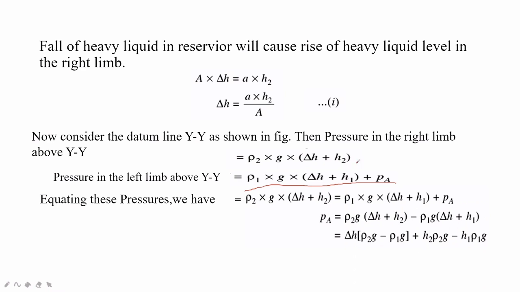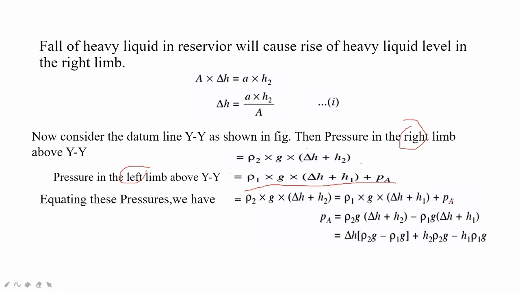This is due to the right limb and this is due to the left limb. The main concept here is equating. So take a datum line and equate them both: the right limb is equal to the left limb. So we get rho 2 G delta H plus H2 is equal to rho 1 G delta H plus H1 plus PA.